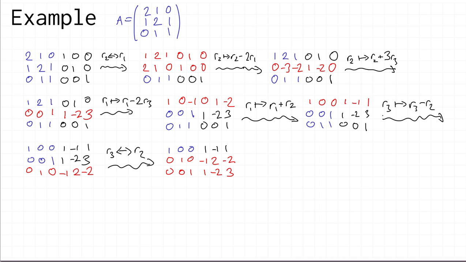We have reached row reduced echelon form, and we found that the first 3 columns make up the identity matrix.